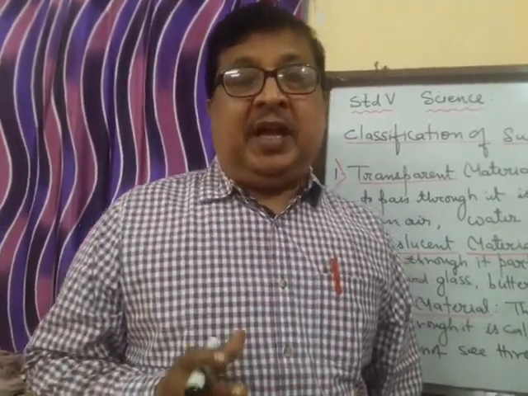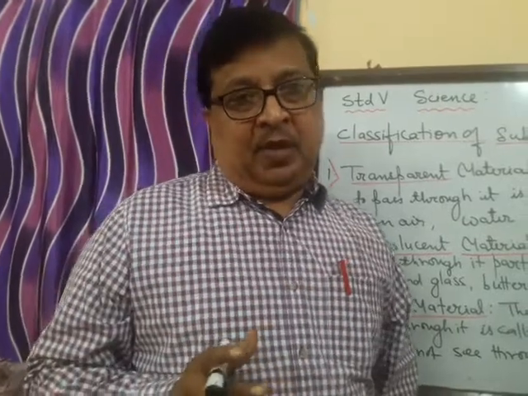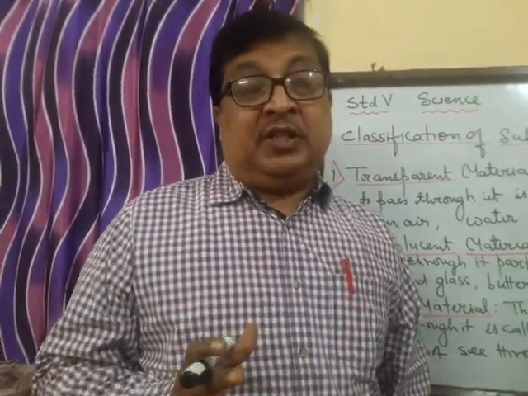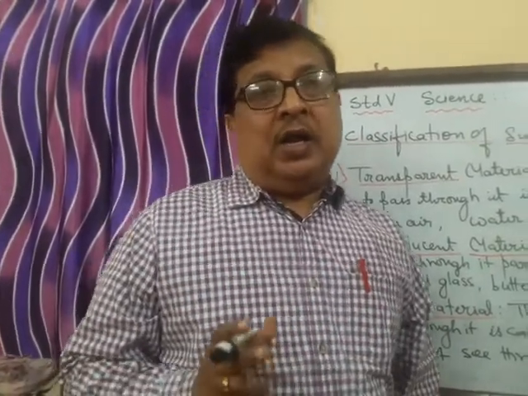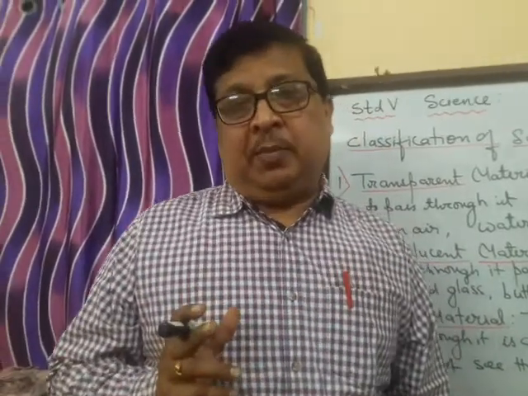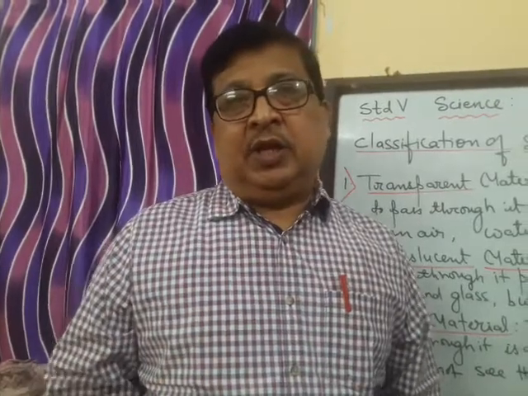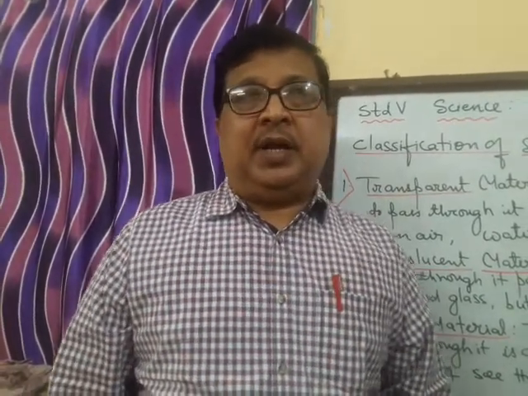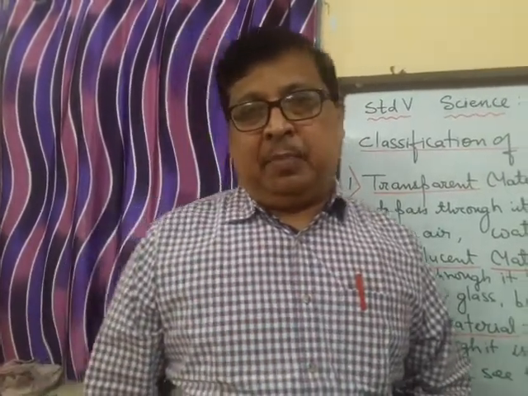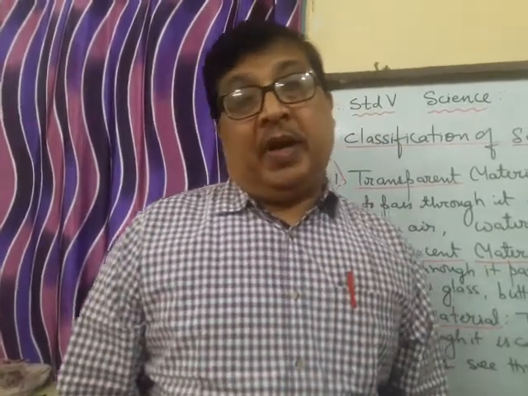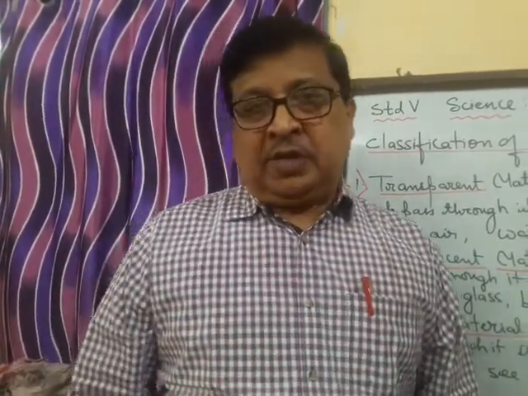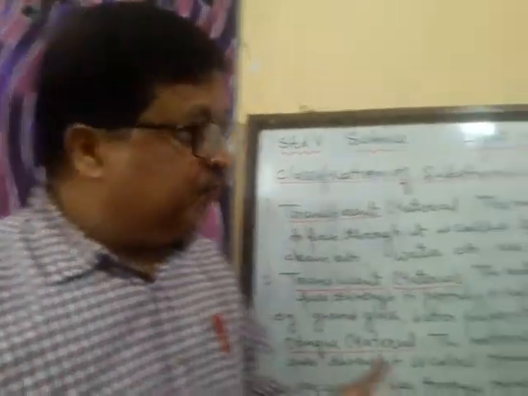And the next is opaque material. The materials which do not allow light to pass through them are called opaque materials. The things you see around you, for example the table, chair, desk, pen and pencil, are all opaque objects. Let us read the same on the board once again.